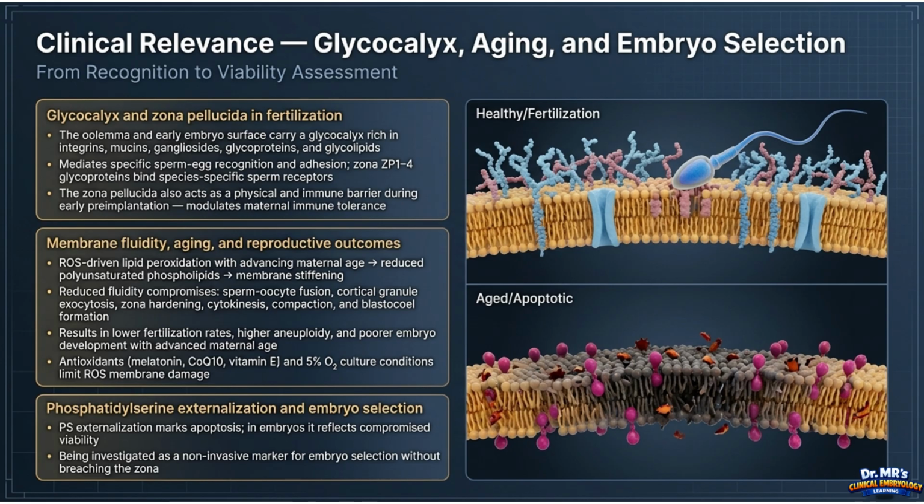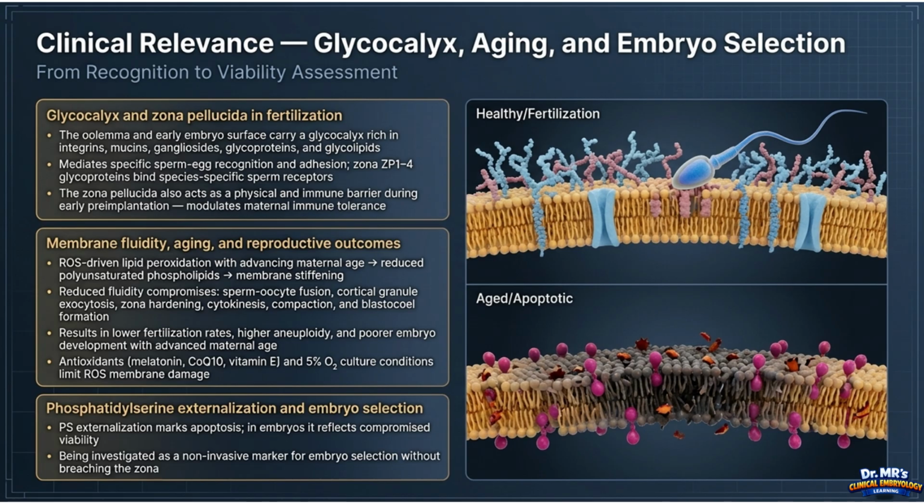They are active variables in embryo quality assessment and in determining clinical outcomes across the entire spectrum of patient ages and conditions. The oolemma and early embryo surface carry a rich glycocalyx decorated with integrins, mucins, gangliosides, glycoproteins, and glycolipids.